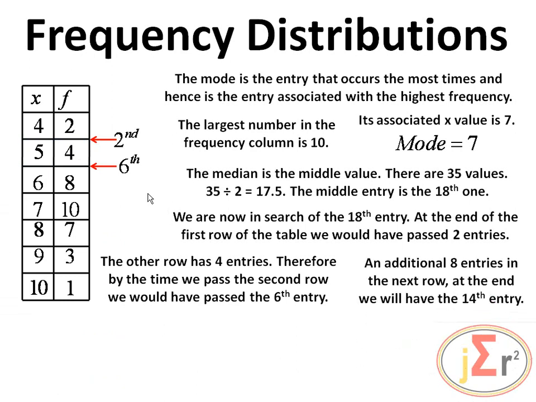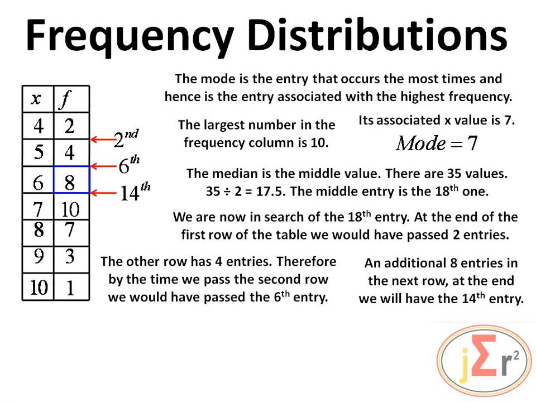An additional 8 entries in the next row. So if it is in addition to what we had before, we need to add the 8 to the 6th, and we'll have the 14th entry at the end of this row.